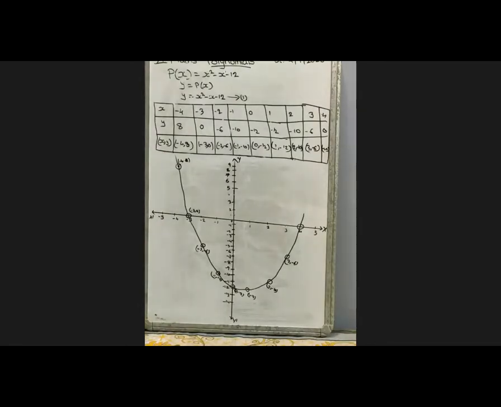Sometimes you will not get it exactly, not all times, depending on the question, the given equation. Otherwise you can take at least 6 values, that is enough. Compulsorily, 0 in the middle is very, very important. Without 0 we can't say. Why? Because suppose it is 0, minus 12, we don't know. If we skip it also no problem, but why we take 0 is so that we have positive values on one side and negative values on the other.